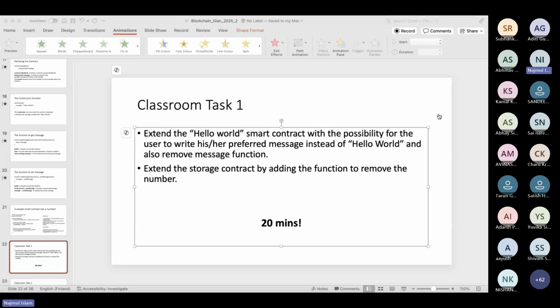Okay, how is it going? Has everyone managed to do it? Yes, sir, all done. Okay. Still, I'm going to send you the codes just in case somebody didn't manage to do it. That's why I will send my codes.